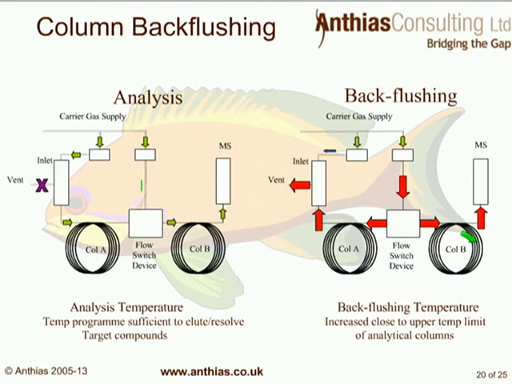We will still be maintaining a small amount of flow into the mass spectrometer through column B, but to reduce the flow rate, we will usually be having this with a narrower internal diameter. Therefore, the majority of the flow will flush back through the column A and out through the vent exit of our GC inlet.